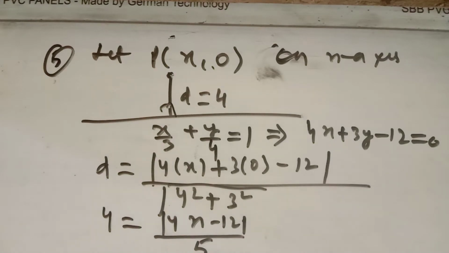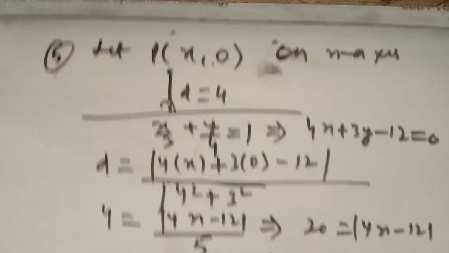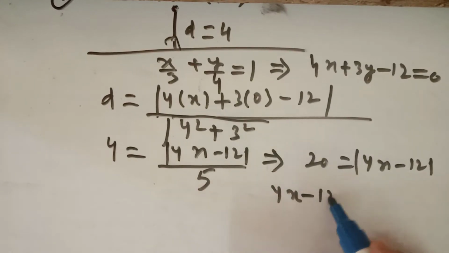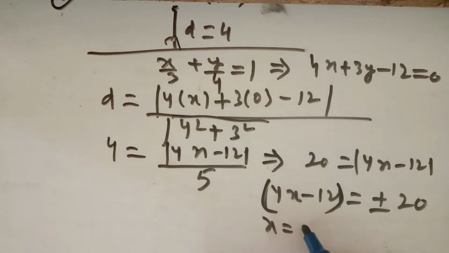When you solve it, you get 20 = |4x - 12|, and when you remove the mod from one side, you get the positive and negative sign on the other side. So when you solve it, you will get the value of x as 8 and -2.